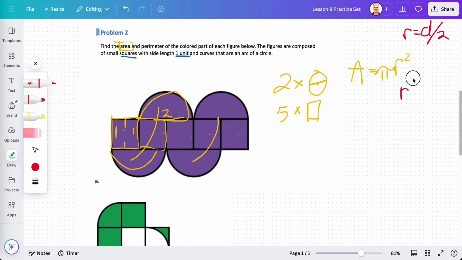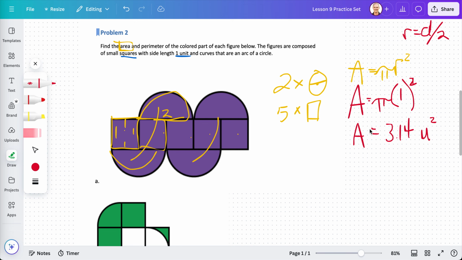So the radius will be 1, and that's 1 squared times pi. 1 squared is 1 times pi equals 3.14 equals area. And these are units squared because we're looking for area.